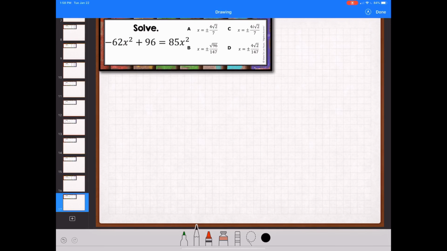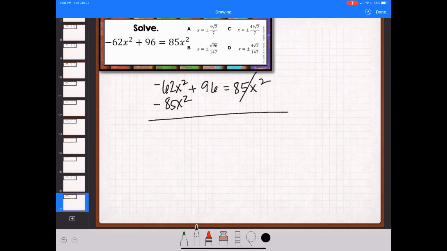All right, last one. Negative 62x squared plus 96 equals 85x squared. Okay, pass the x squared term to the left. So that gives me negative 147x squared plus 96 equals 0.